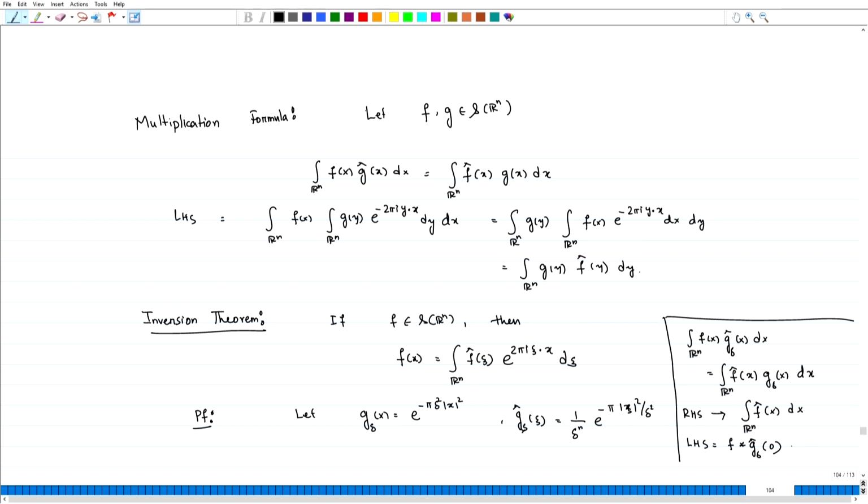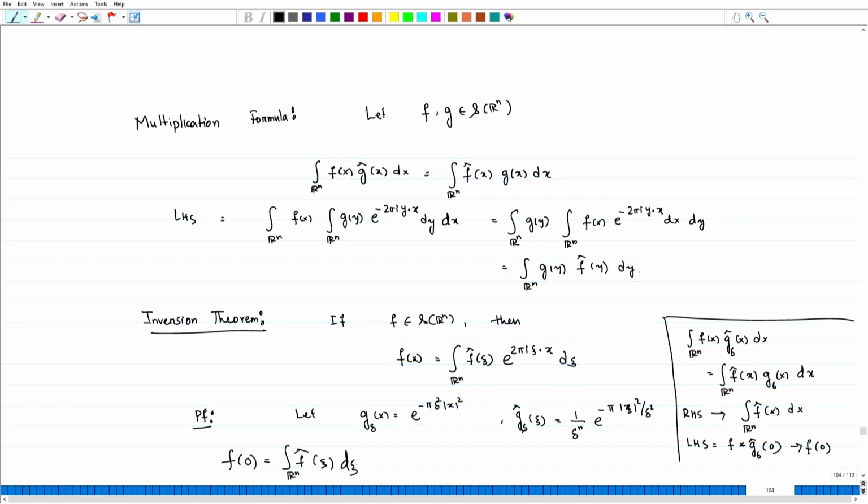Therefore, this is going to converge to f at 0, because it converges uniformly. Hence we get f of 0 equal to the integral over Rn of f hat of xi d xi.